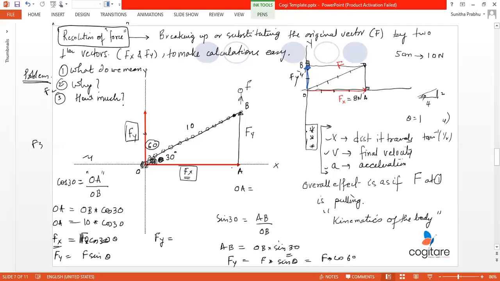Either the distance moved, the final velocity, the trajectory, the acceleration, none of the kinematics of the body under the action of the original force are in any way changed. Everything remains as it is under the combined influence of Fx and Fy, because Fx and Fy are imaginary things which we have imagined in order to make our calculation simple.